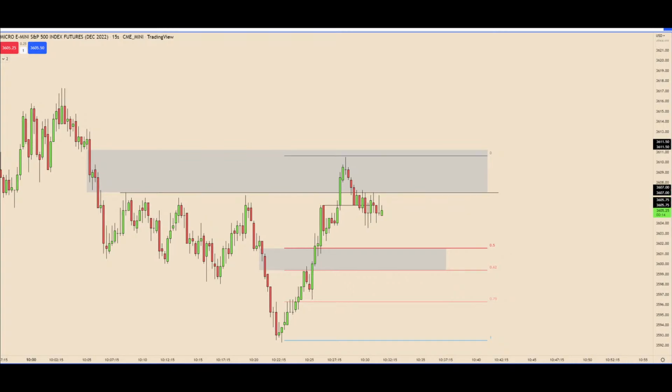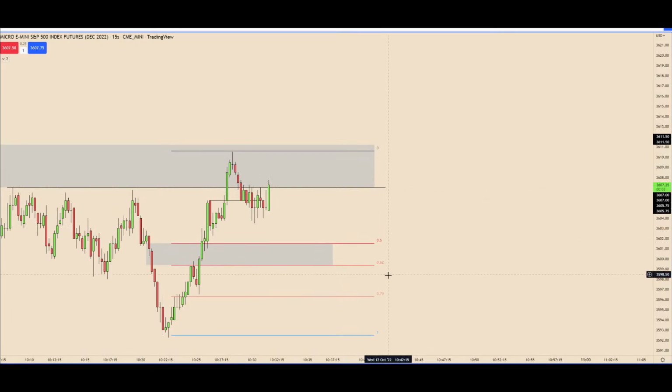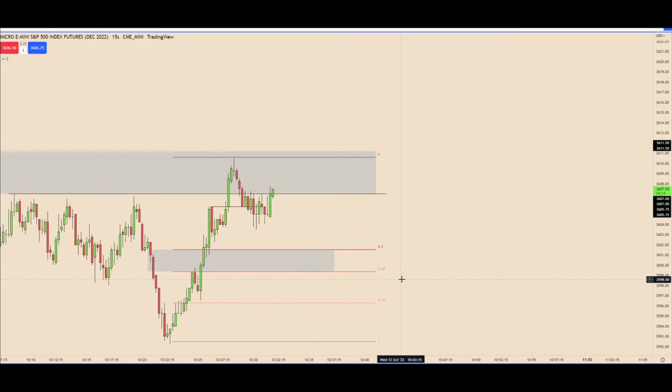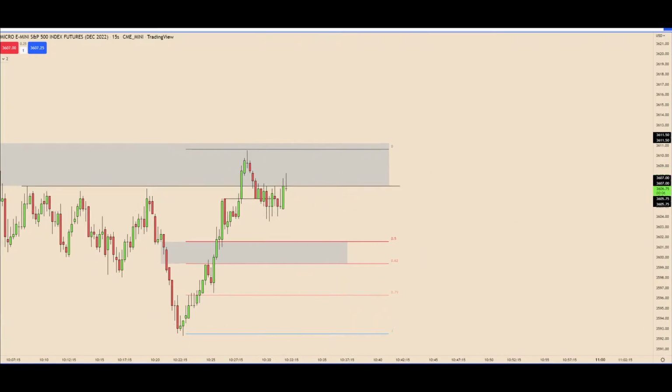This is a really big question. I'm having trouble cutting lot sizes and indices. So lot sizes and indices is a little bit harder than just saying, oh, I'm going to risk this percent of my account. What you have to do is figure out what percent of your account is how much money, right? So if you're trading a $100,000 account and you're wanting to risk 1%, you risk $1,000, and then based on your stop size, right?